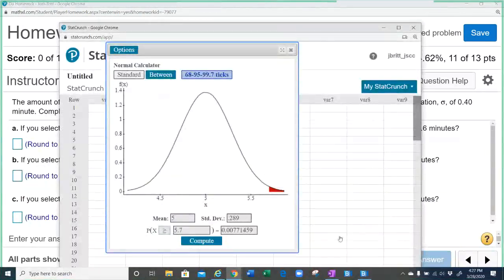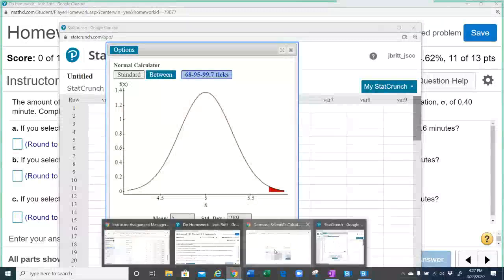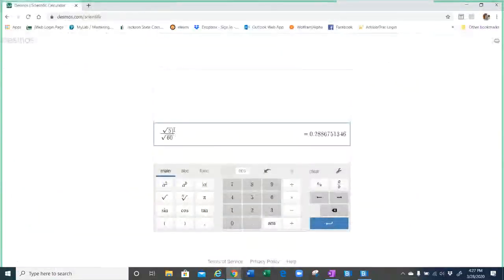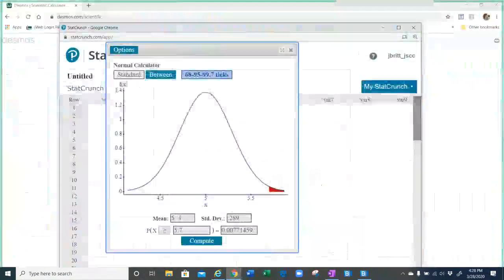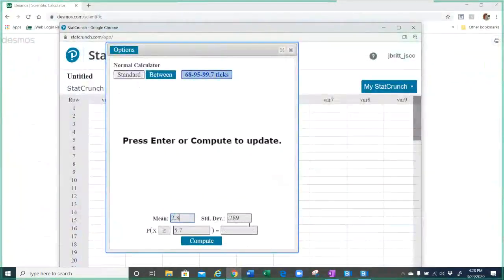So that's 0.1. So 0.1 is our standard deviation, and our mean is 2.8.